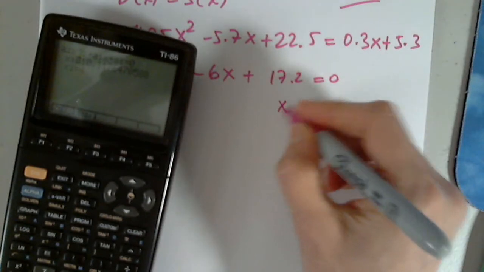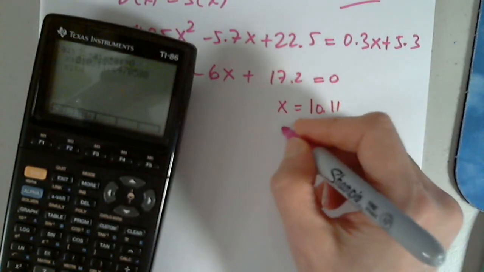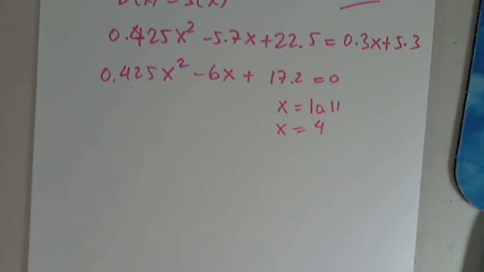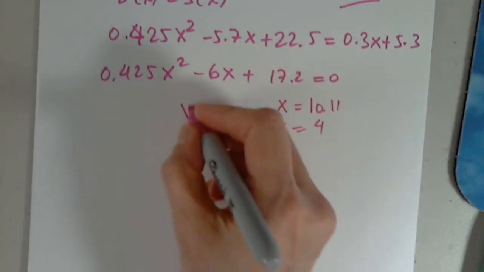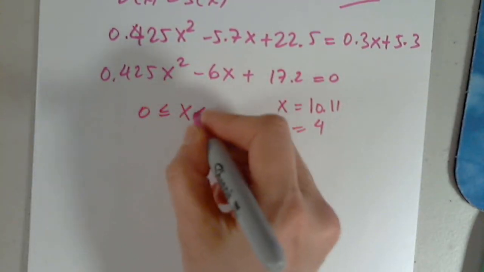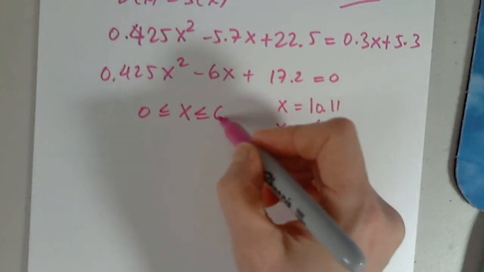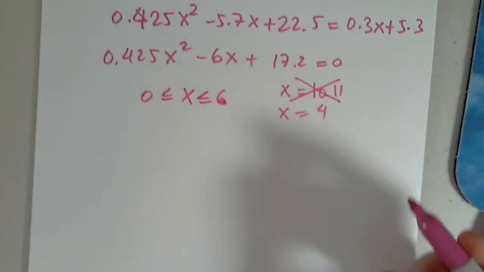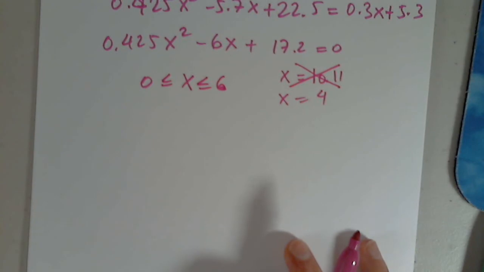So x equals 10.11 and x equals 4. It says he buys no more than 6. So we are told that x is not more than 6. Therefore, we will have to exclude this possibility. Algebraically, it's correct, but we have to exclude it.